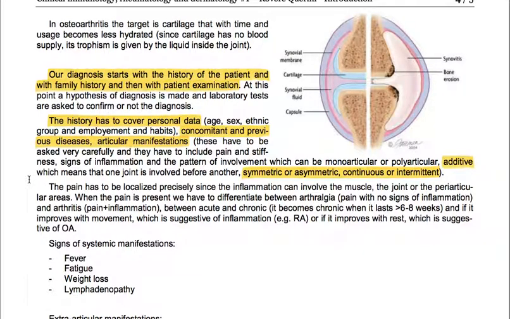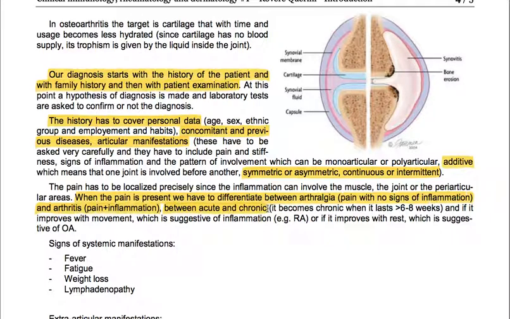The pain has to be localized precisely, since the inflammation can involve the muscle, the joint, or the periarticular areas. When the pain is present, we have to differentiate between arthralgia, pain with no signs of inflammation, and arthritis, that is pain plus inflammation. Between chronic and acute.